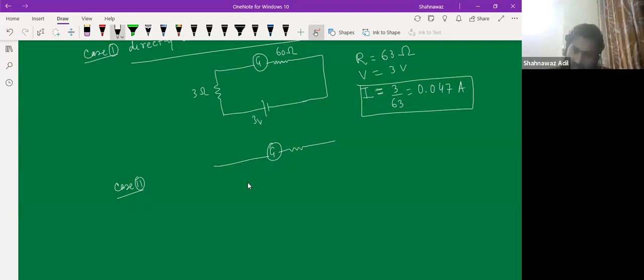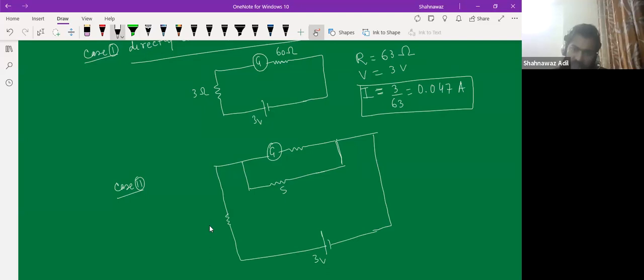With this galvanometer, we connect a shunt resistance, and then we have this 3 ohm resistance.